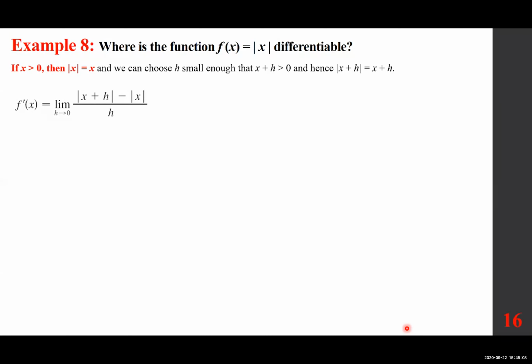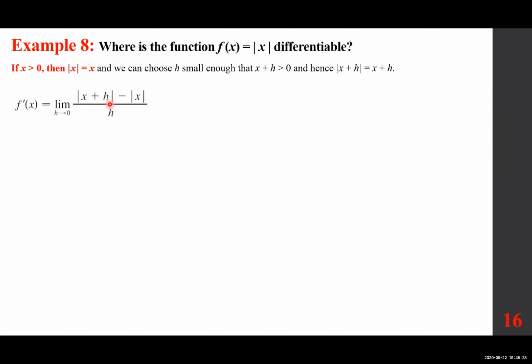Now, this is the general formula. Now, what happens if x is larger than 0, and h approaches 0? Then x plus h is always larger than 0 for a simple case, because h is approaching 0.